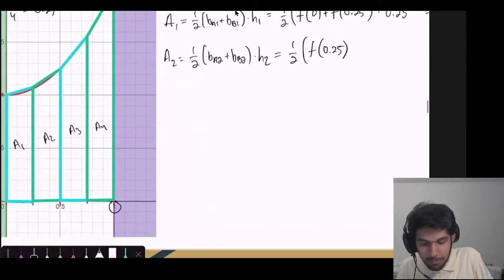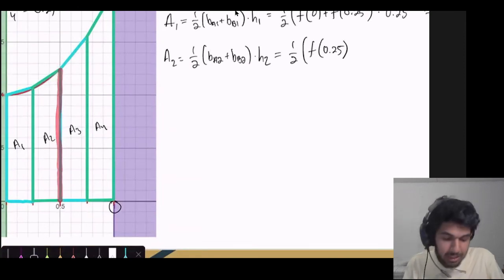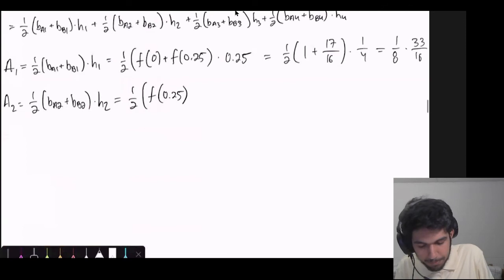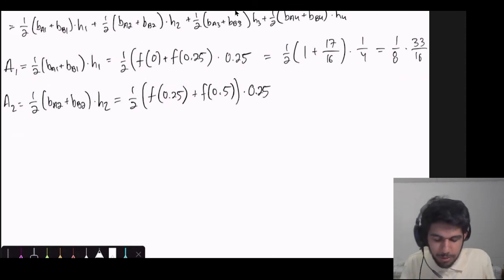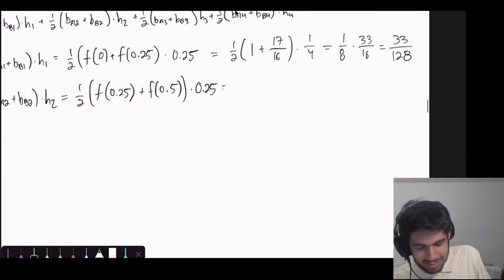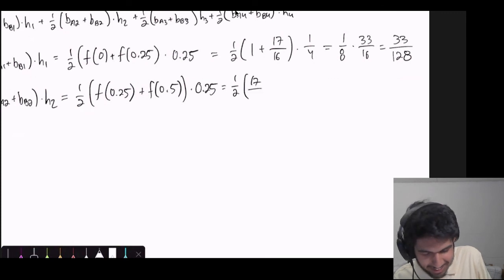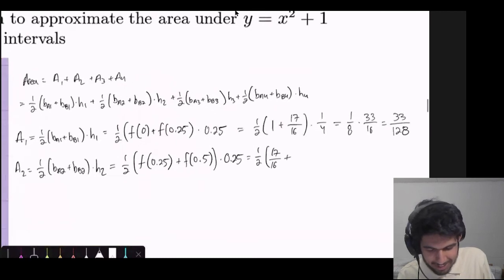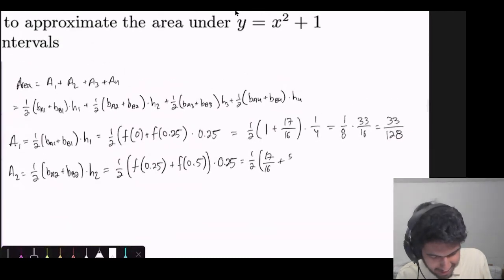And then for the second base, we look here. And this is going to be, you guessed it, f of 0.5. Right? And then once again, we multiply that by 0.25 for the width. This is going to be 1/2 of 17/16 plus f of 0.5, which is 5/4, times 1/4.